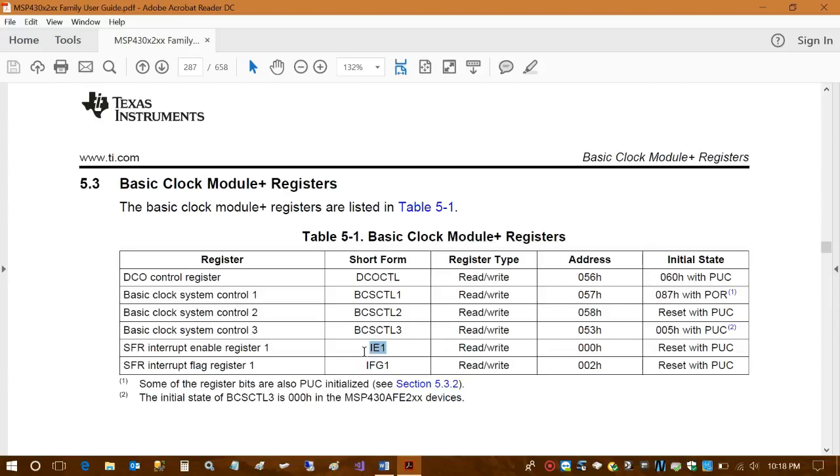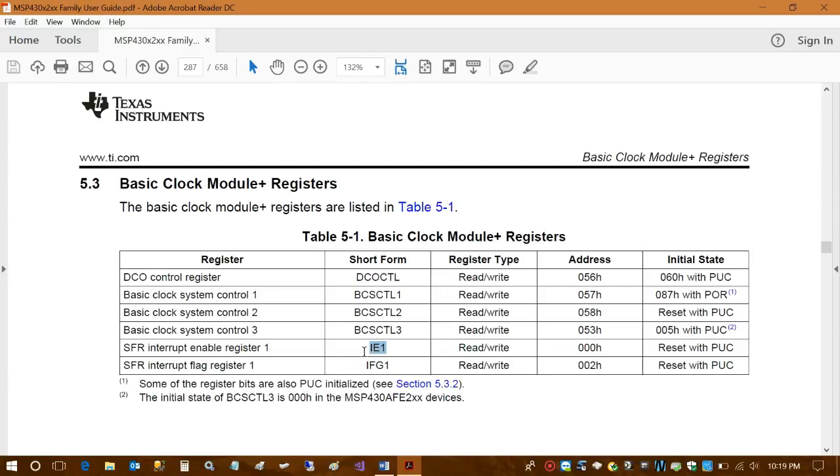When the MSP powers up, it automatically goes to the DCO, and then you have to write a part of the code that I will discuss today to bring it back to your crystal oscillator, that is either LFXT1 or XT2, whichever is there in your particular chip.